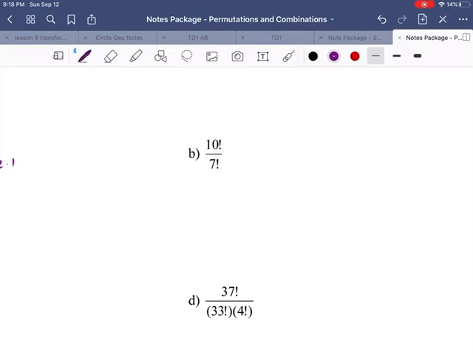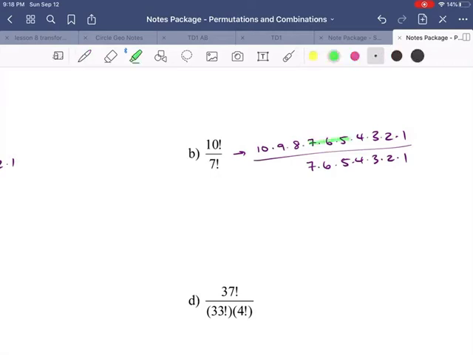All right, 10 factorial over 7 factorial. If we expand the top part, you'll get 10 times 9 times 8 times 7 times 6 times 5 times 4 times 3 times 2 times 1. And if you expand 7 factorial, you get 7 times 6 times 5 times 4 times 3 times 2 times 1.